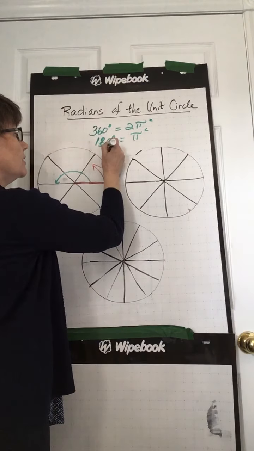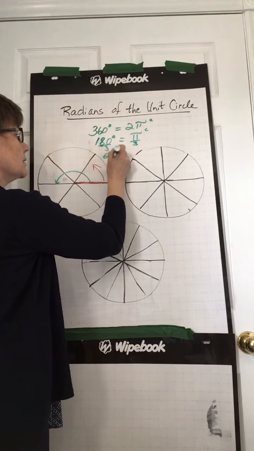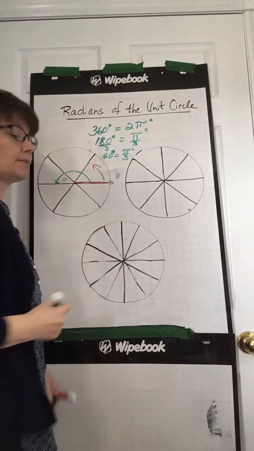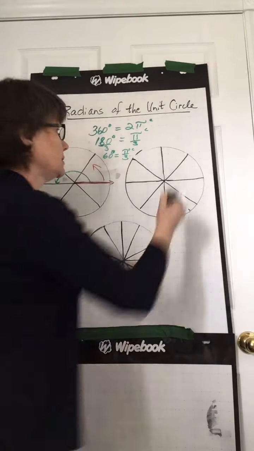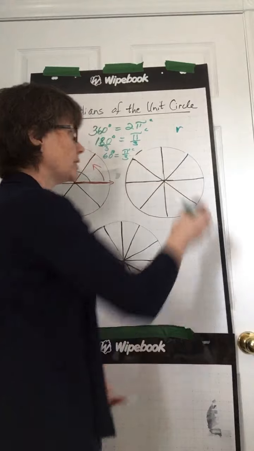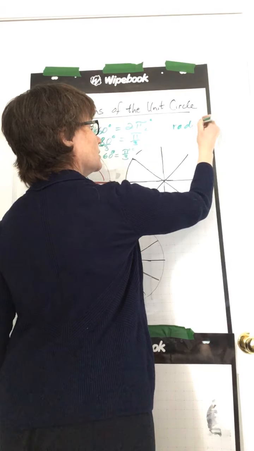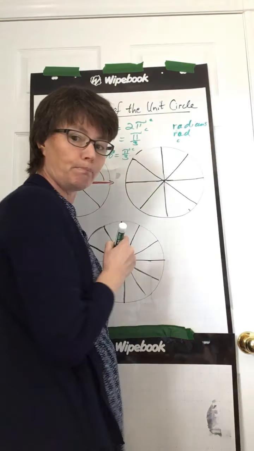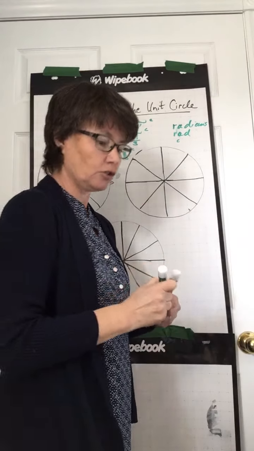So let's divide this by 3, divide that by 3, and we can see that 60 degrees is equal to pi over 3 radians. Okay, so just a reminder that notation for radians, we don't just use an R, because in math that means radius in formulas. We can use the word radians, we can use RAD, or we could use this little symbol. It's a little c up in the same position as a little circle for a degree would be.